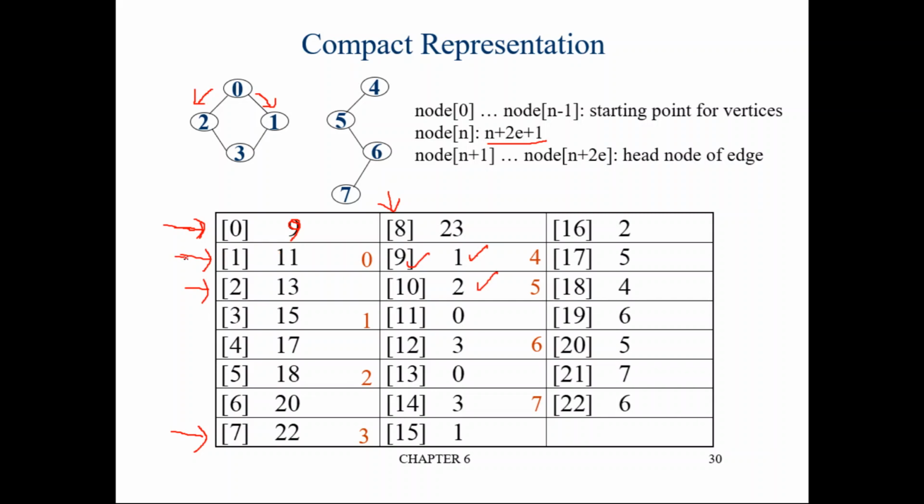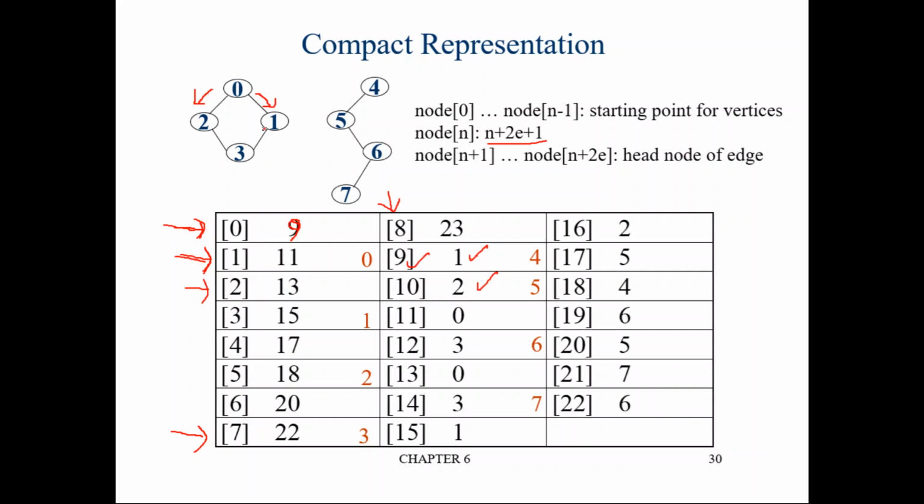So for vertex 1, we will put 11. Why? Because vertex 0's edge detail is available from the 9th location to the 10th location. So the next value is 11. That will come here. Okay, fine. So in the 11th location, you have to specify the edge details of vertex 1.